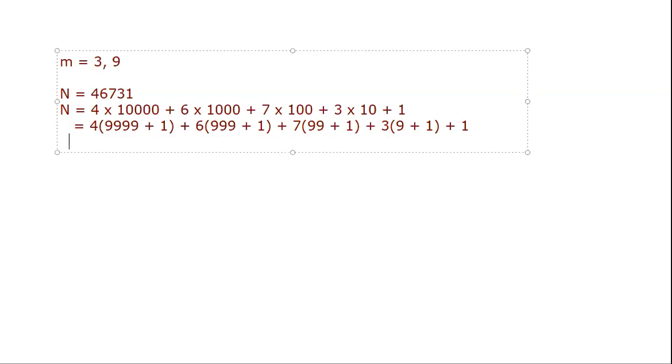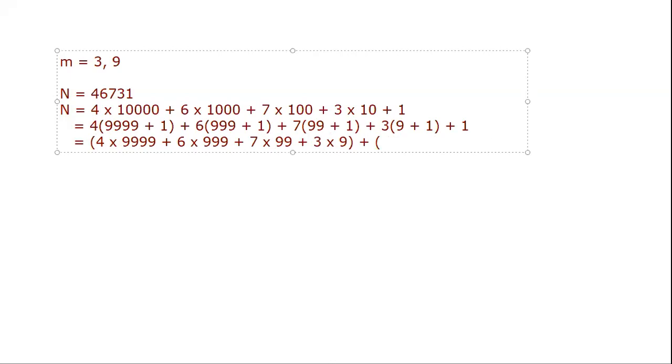And then you can split it. So you collect all the multiples of 9 together, which gives you the first number.